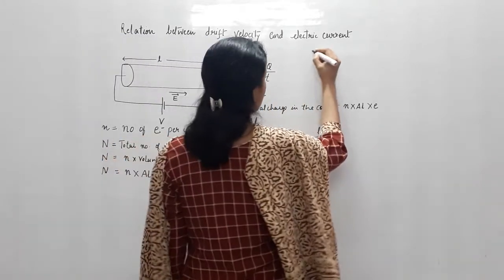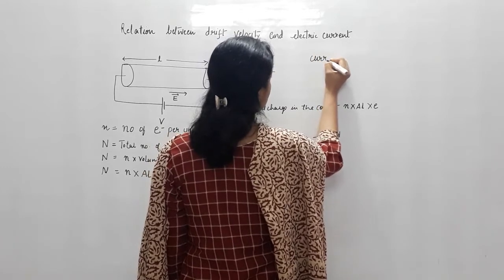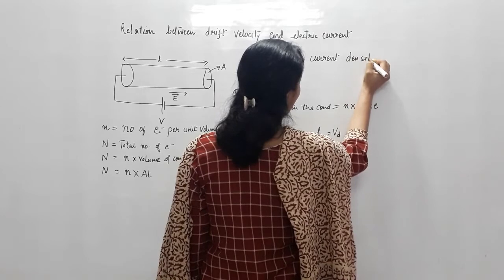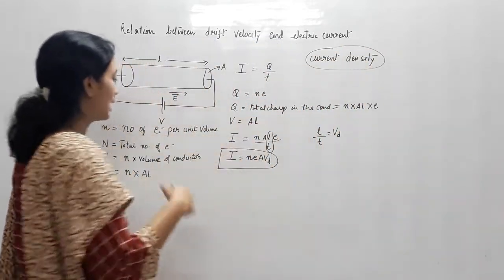At the same time, we can study current density by introducing this term. This is an important term because it is a vector quantity and helps us interpret many things from a different angle.